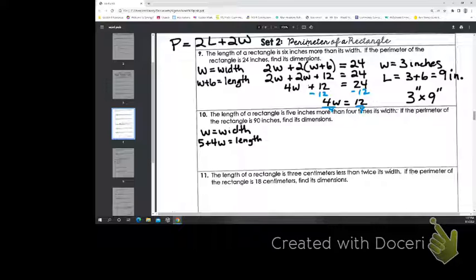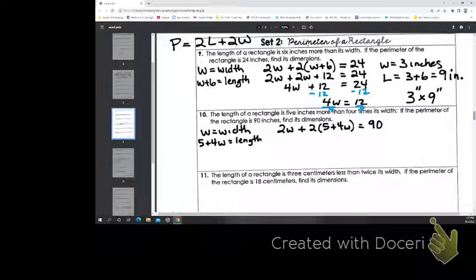And then I'm going to need 2 of both of these. 2 of the width is easy because it's just 2W. 2 of the length, I either need to use parentheses and write the whole thing twice. But both the 5 and the 4W should be represented twice in there.